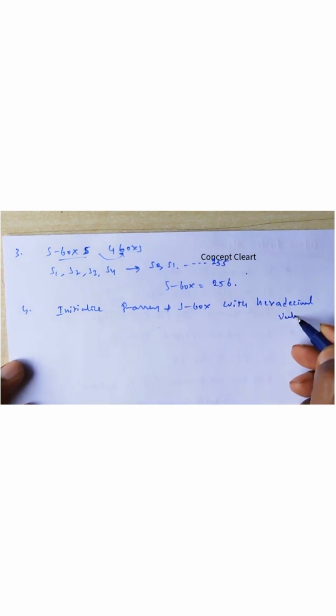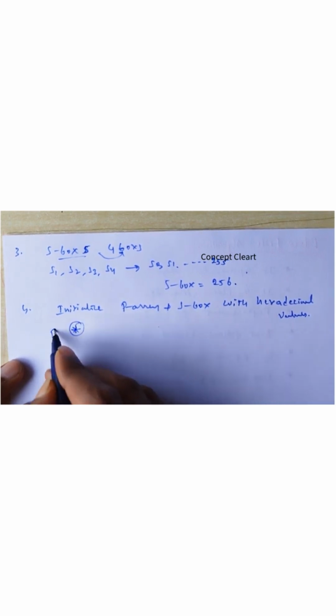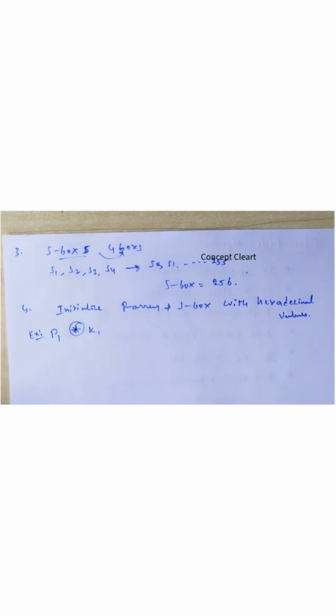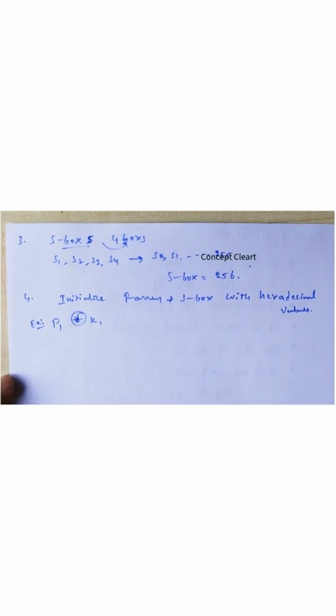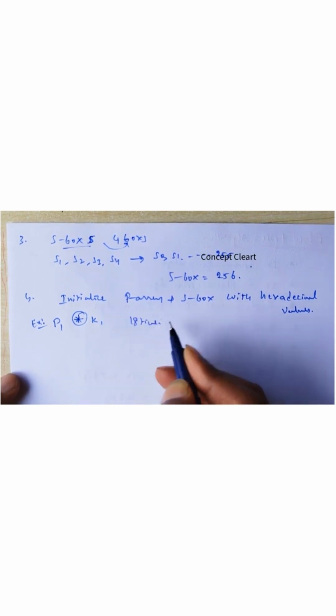That is nothing but performing an XOR operation between P and K, P1 and K. How many times totally? 18 times we have to perform it.